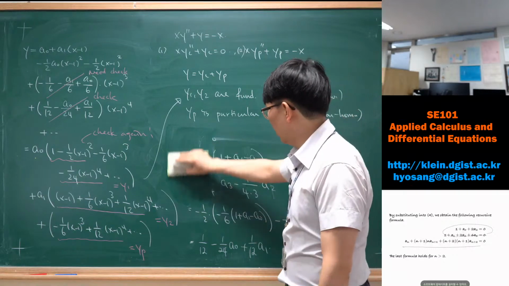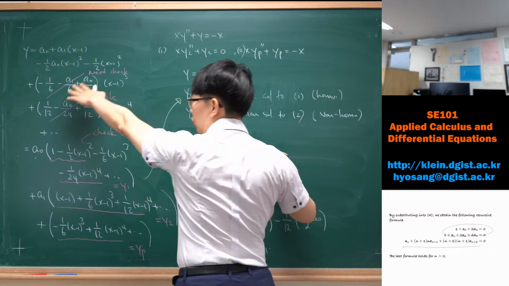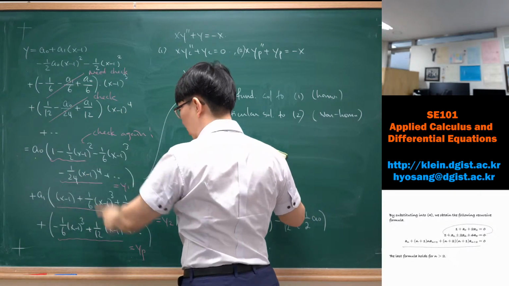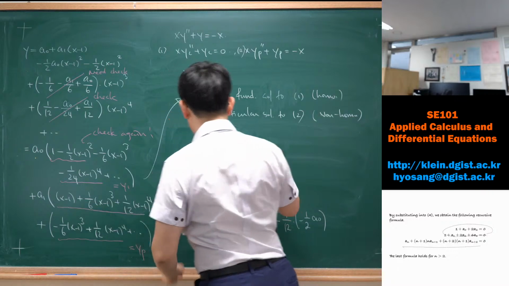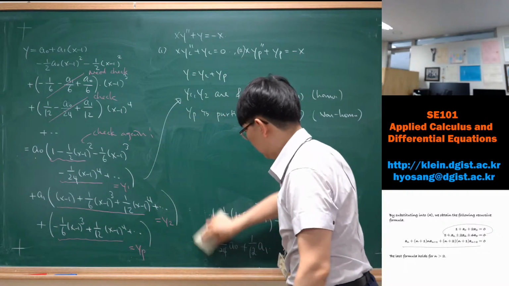So thank you for the correction, and you have to check this coefficient again because I messed up with the A2, so everything is now messed up. So you have to compute this coefficient again for the correct formula here.